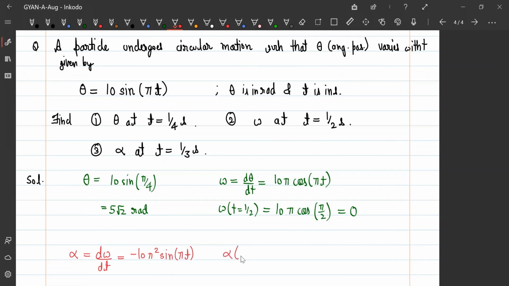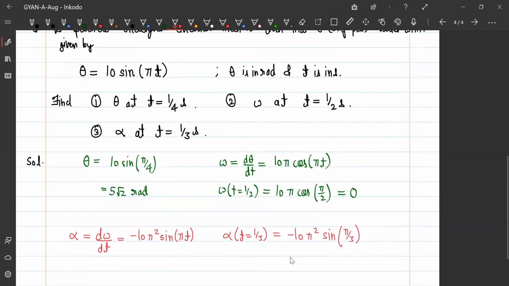So if I need to find alpha at 1/3 second, that will be minus 10 pi square sine pi/3. Sine 60 is root 3/2. So minus 5 root 3 pi square, and unit will be radian per second square. That will be the answer.